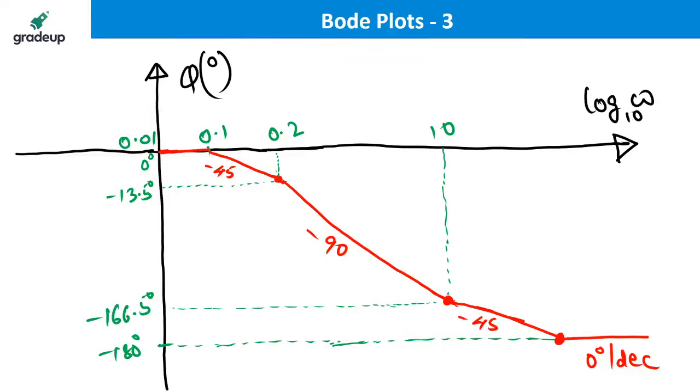Next one. Yeah, 90 degrees per decade slope.